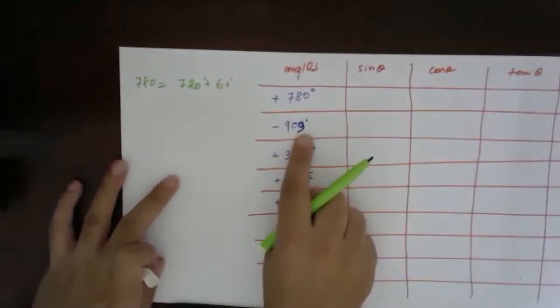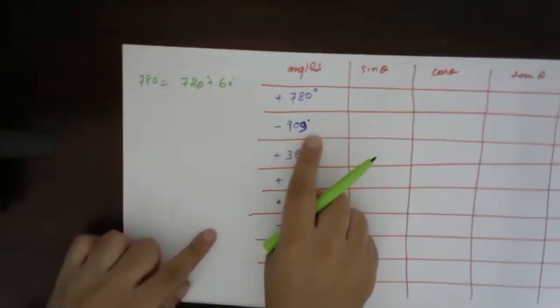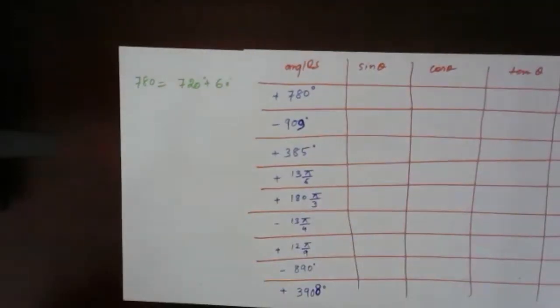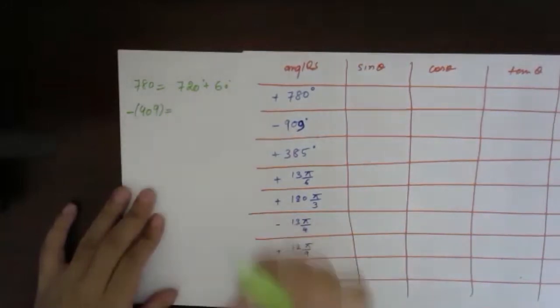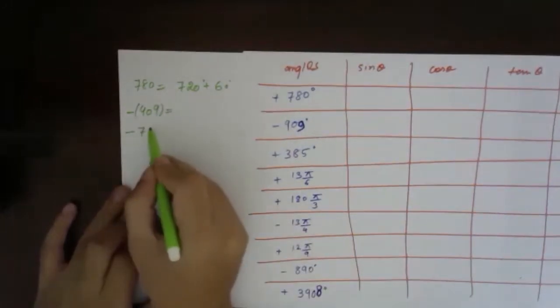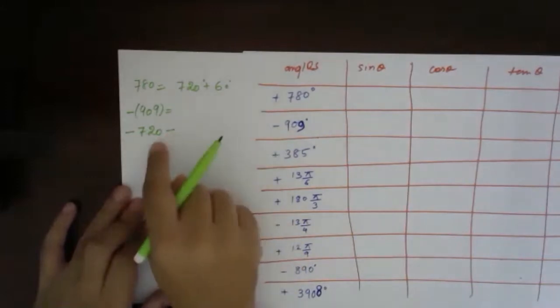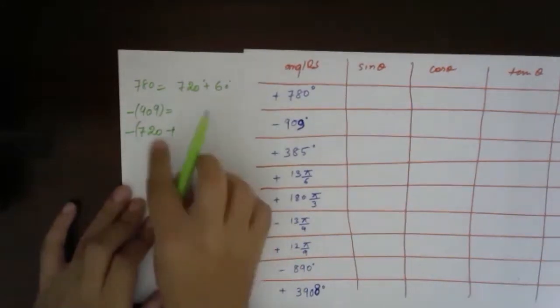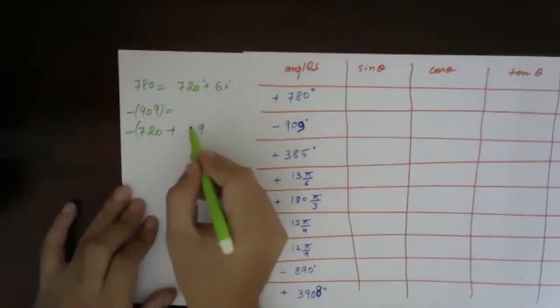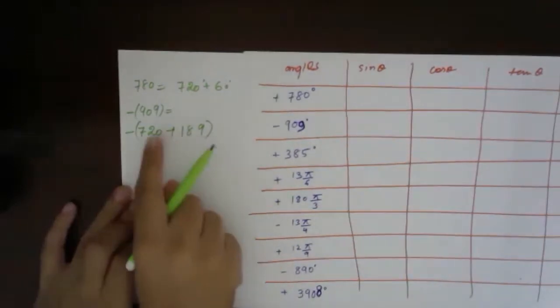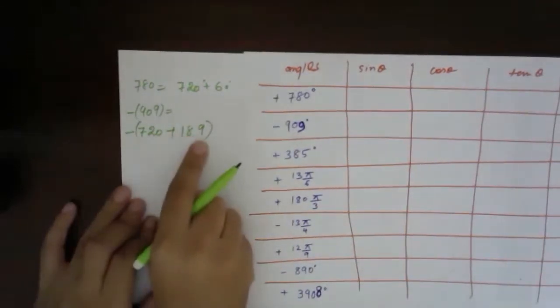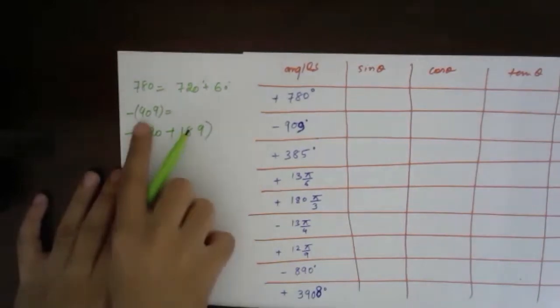Understood? Yes. Now tell me, where will you get minus 900? Minus 900 I can write as minus 720 minus 180. So what does minus 900 mean?